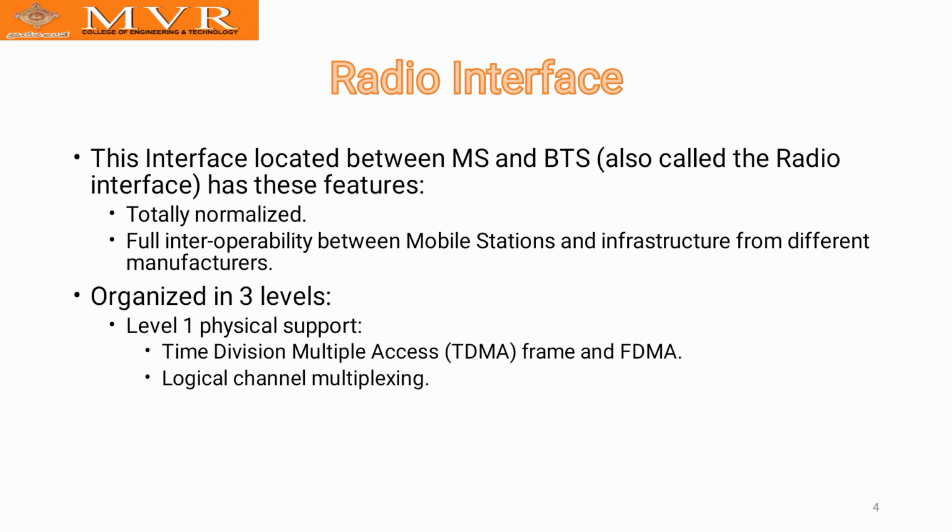Level 1 is the physical support, the second level is time division multiple access, that is TDMA frame and FDMA, and it is logical channel multiplexing. So the three levels are physical support, TDMA and FDMA, and logical channel multiplexing.